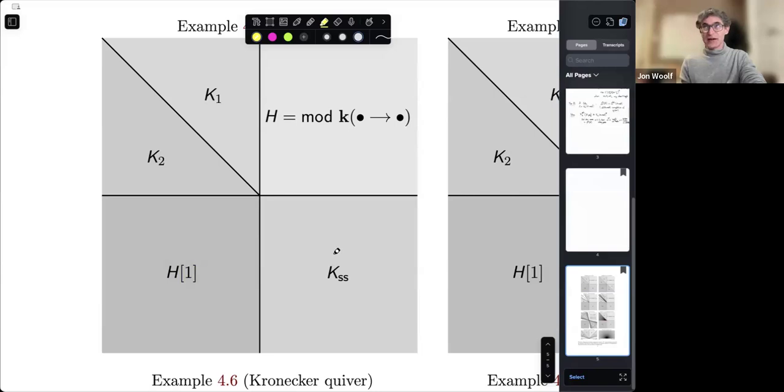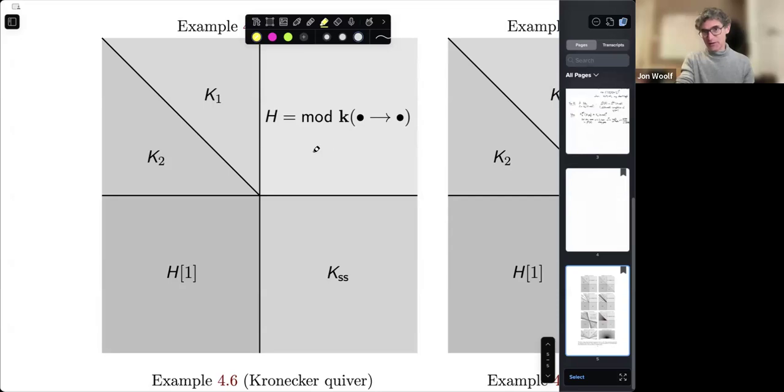If I tilt, in some sense, the wrong simple, then I get a semi-simple heart, whose heart cone is down here. And if I tilt the other simple, then I get hearts which are equivalent to A2 mod. And there are 2 of them cycling around the single triangle, essentially, in dB of H. And those give you those 2 heart cones there. So this is a case where you have a length category, it's tilting finite, and you get a finite heart fan. So somehow the simplest situation.